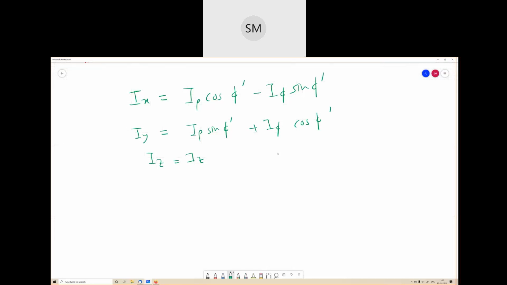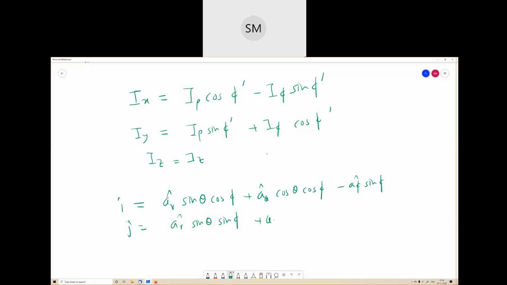So the relationship between the Cartesian and the spherical coordinates is often given by A_x equal to A_r sin theta cos phi plus A theta cos theta cos phi minus A phi sin phi, A_y equal to A_r sin theta sin phi plus A theta cos theta sin phi plus A phi cos phi, A_z equal to A_r cos theta minus A theta sin theta.